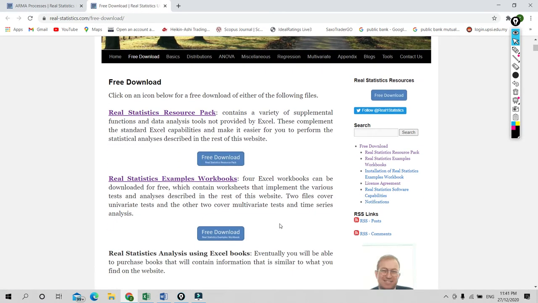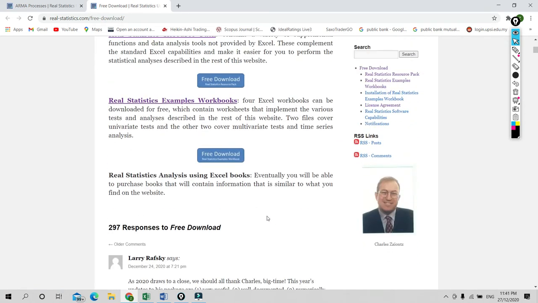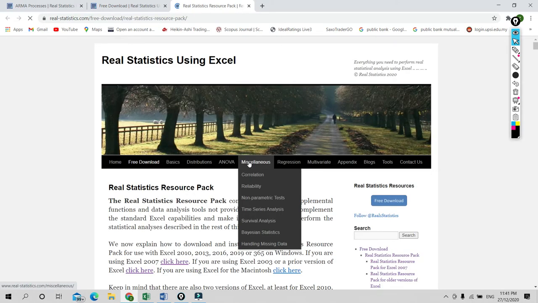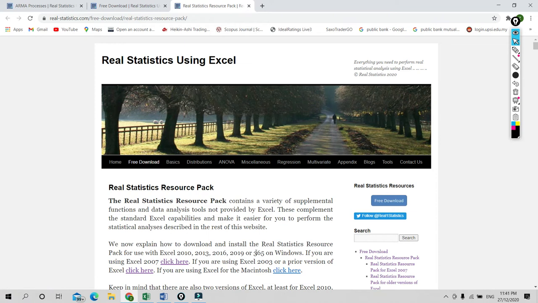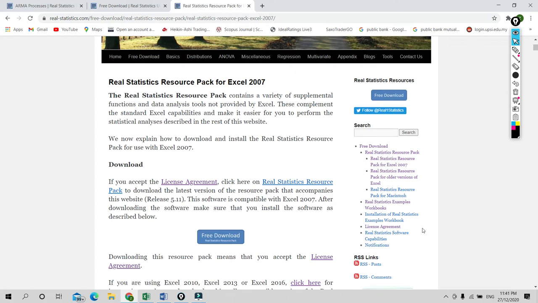And if you are using Excel 2007, you can click here to download it, just a free download.